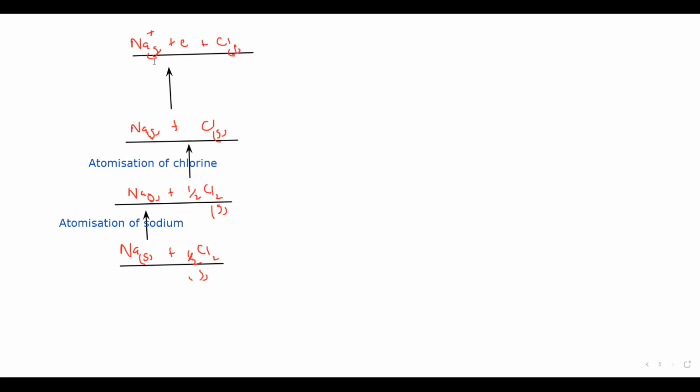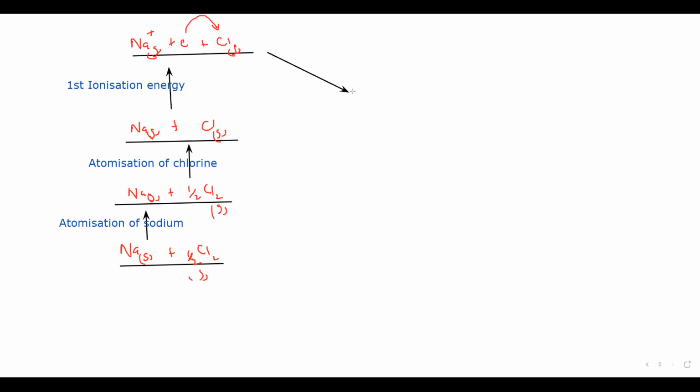If an electron is removed from a neutral gaseous atom, and this is the first electron, what do we call that? We call that the first ionization energy, because we remove 1 electron. Then this electron is added to chlorine.